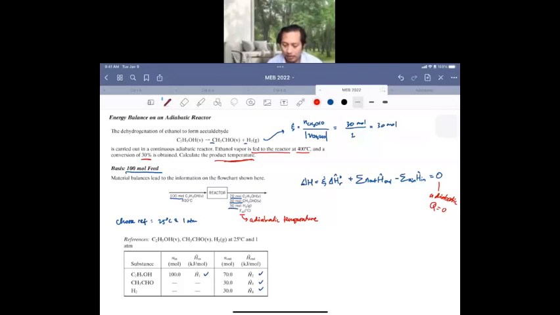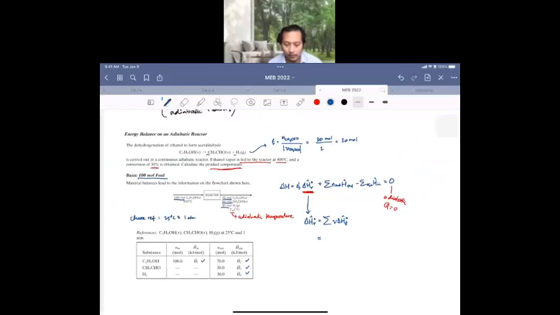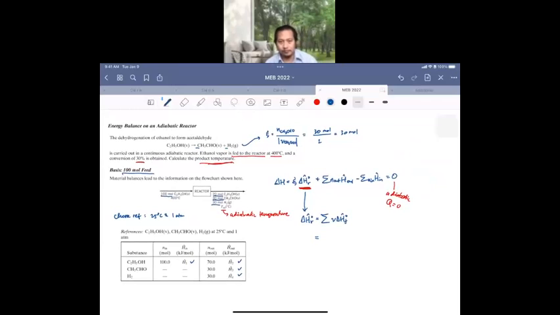First, maybe look at the heat of reaction, because we don't have information about it and we need to construct it ourselves. So the standard heat of reaction we construct from the heat of formation. So the product minus the reactant.